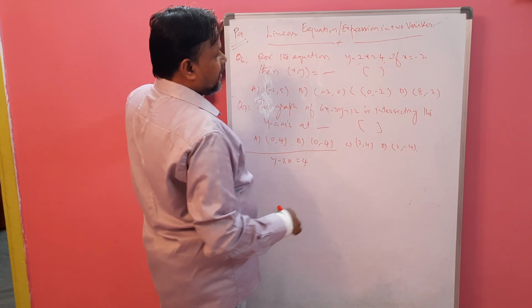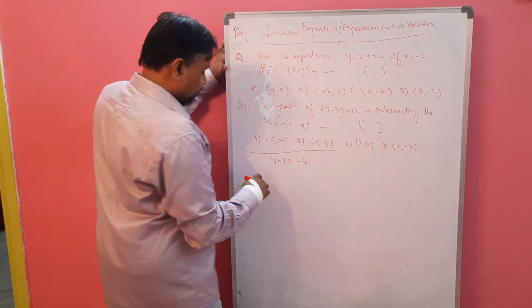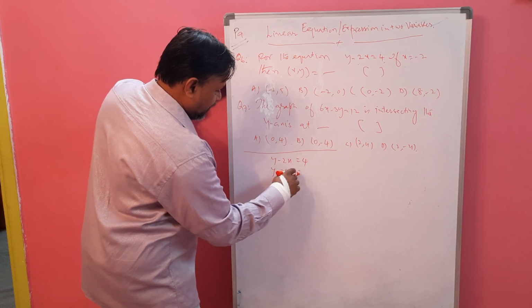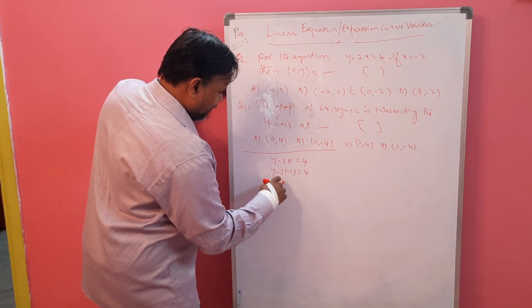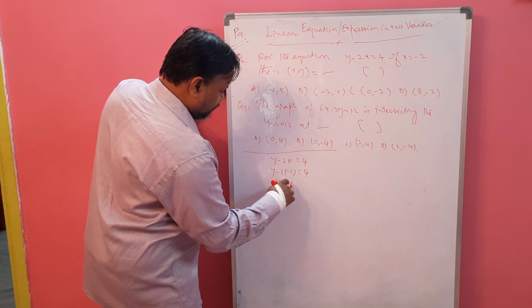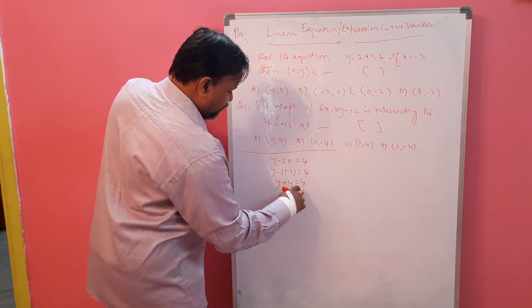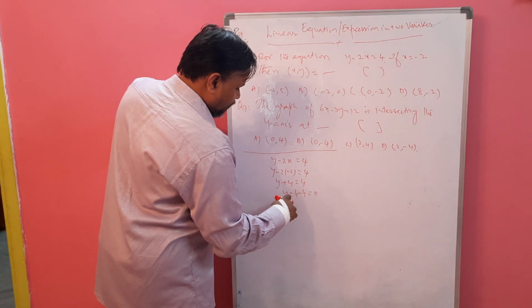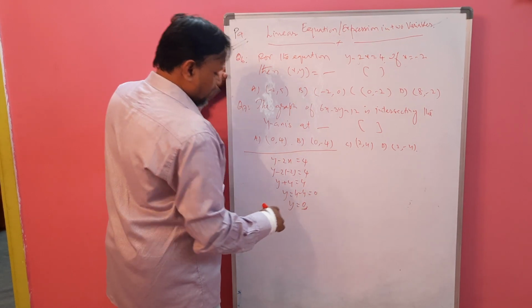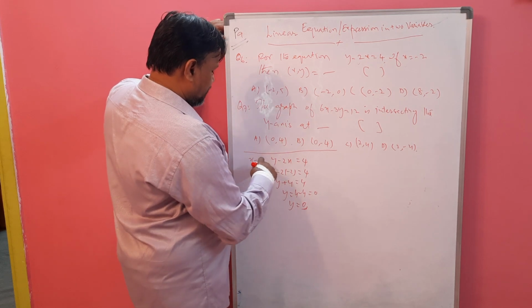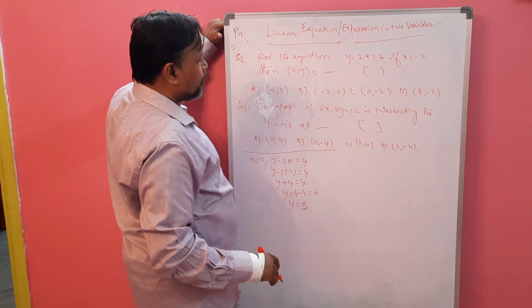Now we have to substitute x equal to minus 2. y minus 2 times minus 2 equal to 4. y plus 4 equal to 4. Move this number to that side: 4 minus 4 equal to 0. So y equal to 0. For the corresponding value x equal to minus 2, we will get 0.